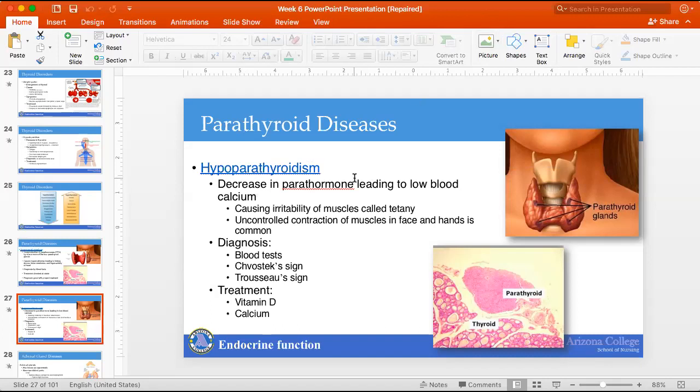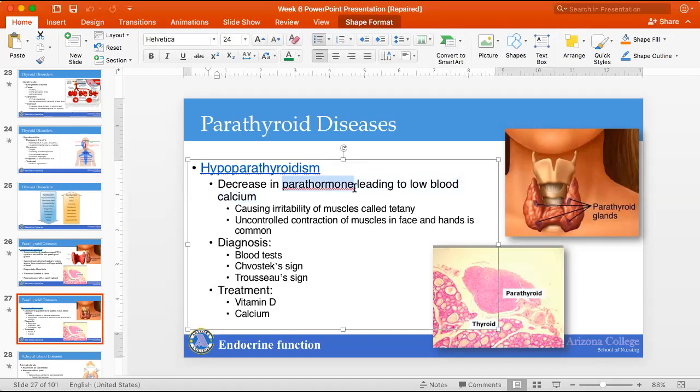Parathyroid hormone's job is to cause the body to increase the blood calcium level. How it does that is that it breaks down some of the calcium in your bones to raise it back up. So if you didn't have parathyroid hormone, you would have a decreased ability to increase the calcium level in your blood, leading to this low blood calcium level.